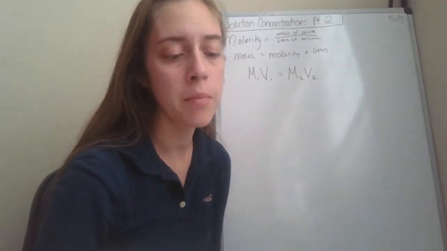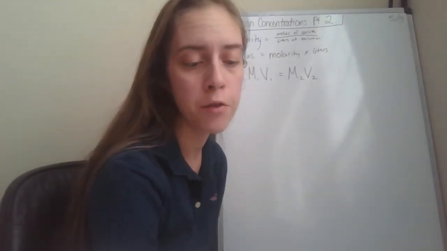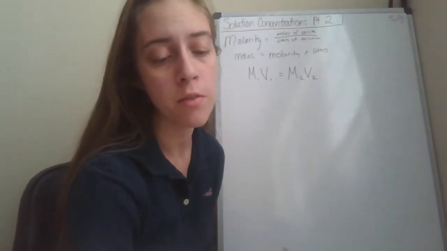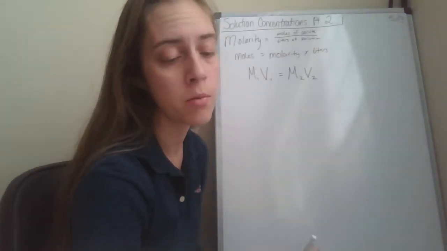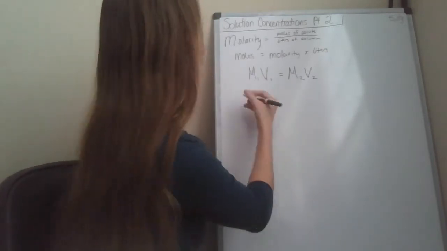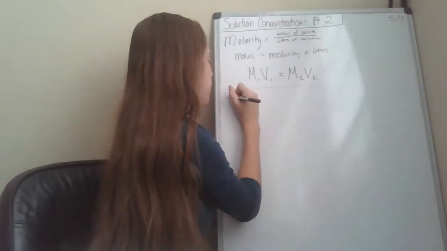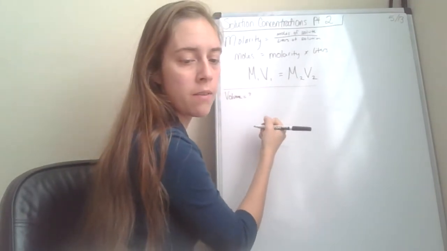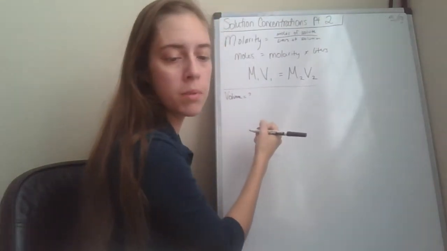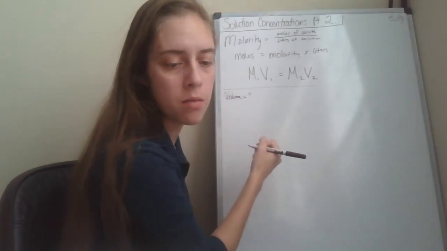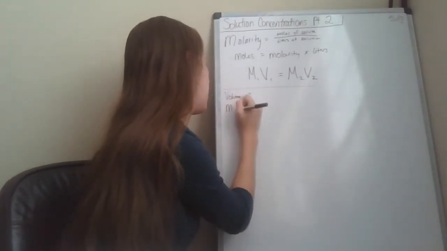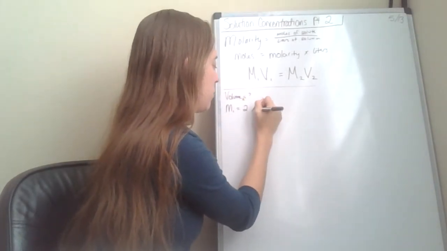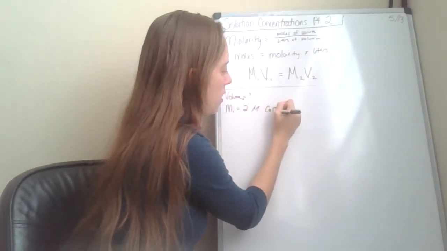Okay, so let's do an example. What volume in milliliters of 2 molar calcium chloride stock solution would you use to make 0.5 liters of 0.3 molar calcium chloride solution? Okay, so we are asked for volume. We are given 2 molar calcium chloride, so that's molarity 1 equals 2 molar CaCl2.